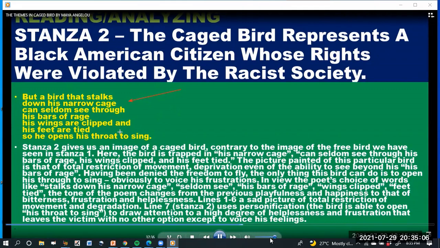During the apartheid regime, you find a number of Africans who wrote at that point protesting against the racist policies of the apartheid regime. The same thing is what Maya Angelou is doing in this poem, protesting against the injustices of the racist regime during that period in American history.